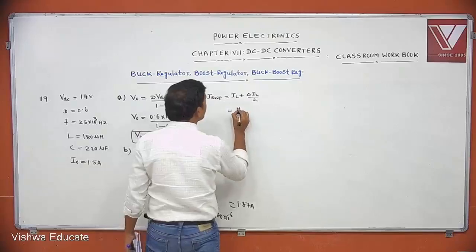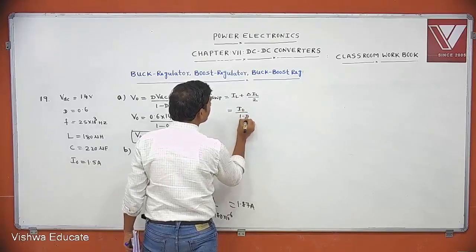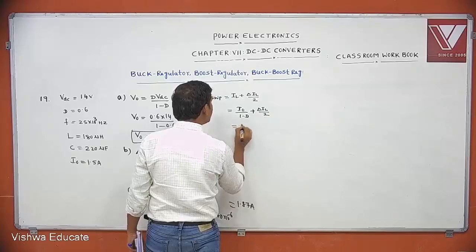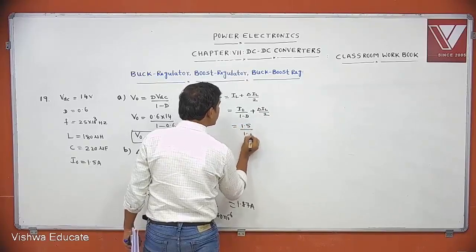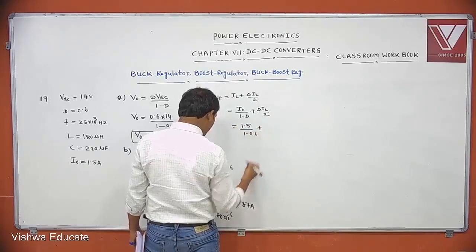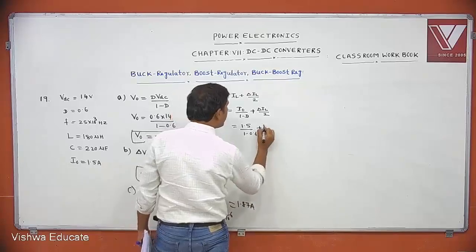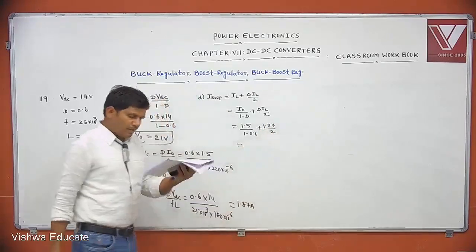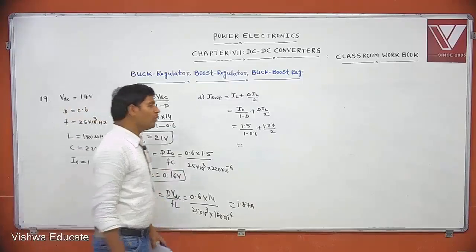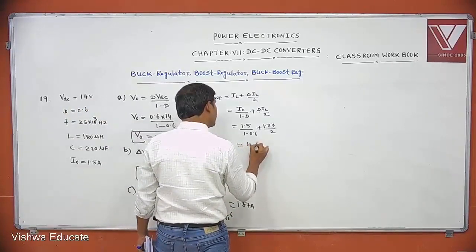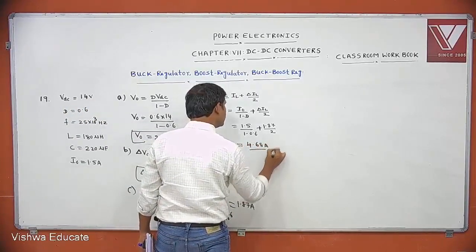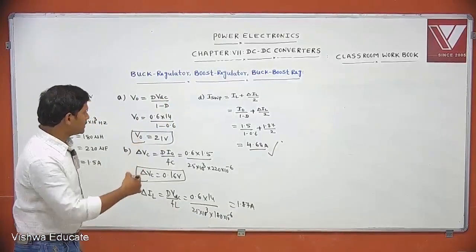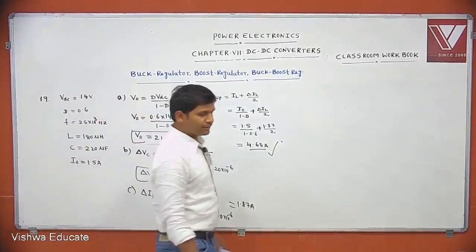You write I naught by 1 minus D, this formula you know, plus delta IL by 2. I naught is given as 1.5, so 1.5 by 1 minus 0.6 plus delta IL we calculated now, 1.87 by 2. By simplifying this, the peak value of switch current equals 4.68 amperes. That you do. Clear? Concentrate. Quick.